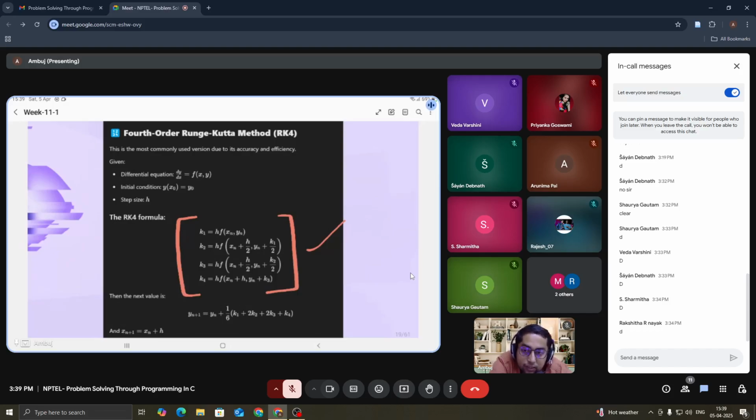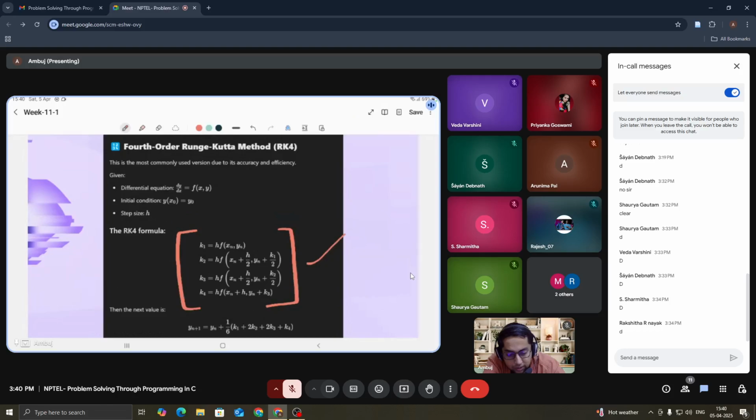That will be yn, the initial value, plus 1 by 6 times k1 plus 2 k2 plus 2 k3 plus k4. And xn plus 1 is xn plus h. This is the final expression for yn.